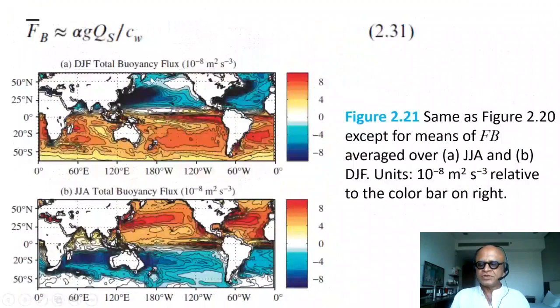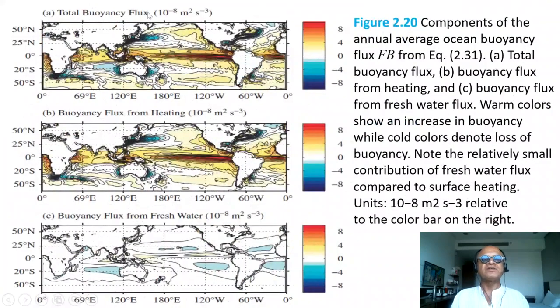So looking at buoyancy flux in terms of meter squared per second cube with a factor of 10 to the minus 8, where there is positive buoyancy, that means you are losing buoyancy. So you are going to, let's make sure.